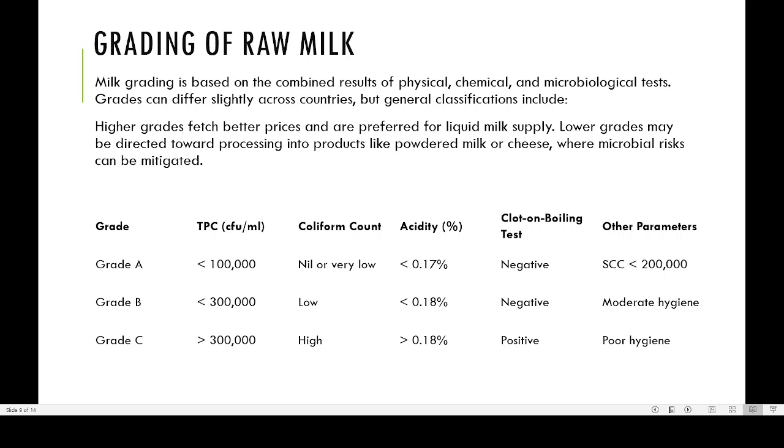So here you can see that there are different types of milk, grade A, grade B and grade C. These are the important values on the basis of which we are classifying the milk.